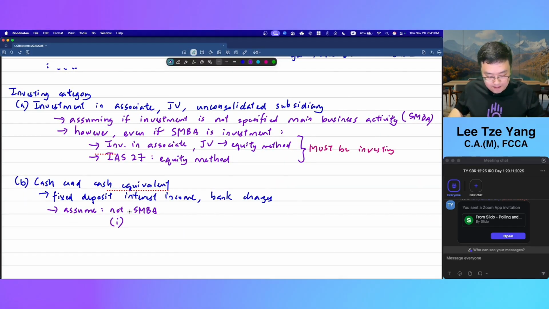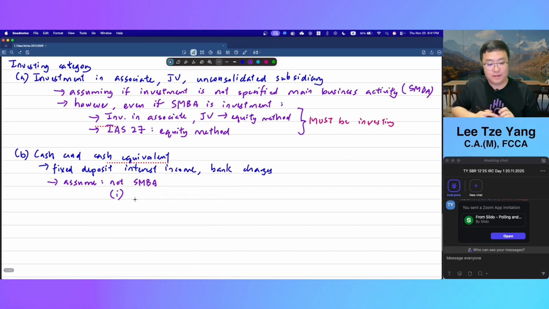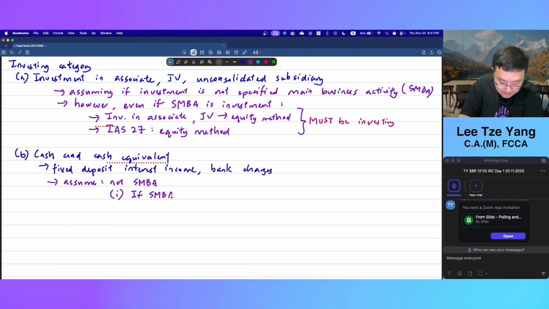Now here I want to elaborate more on cash and cash equivalent. The above is true, assuming it is not SMBA, but I need to elaborate more on what I mean. The SMBA here actually means, number one, if your SMBA is to invest in financial assets, then operating.